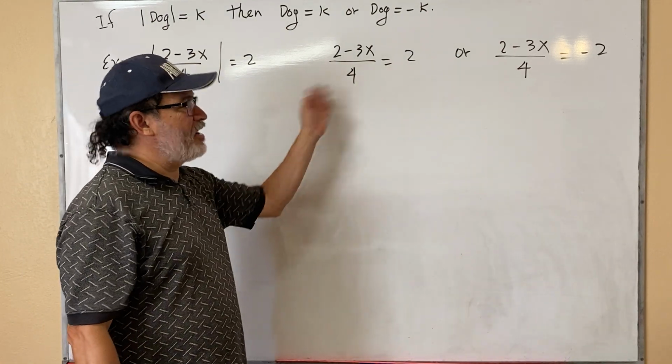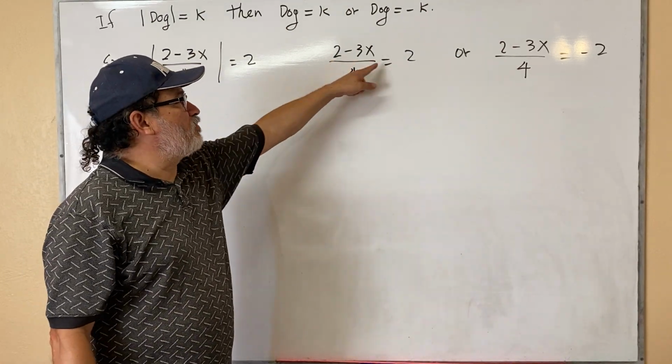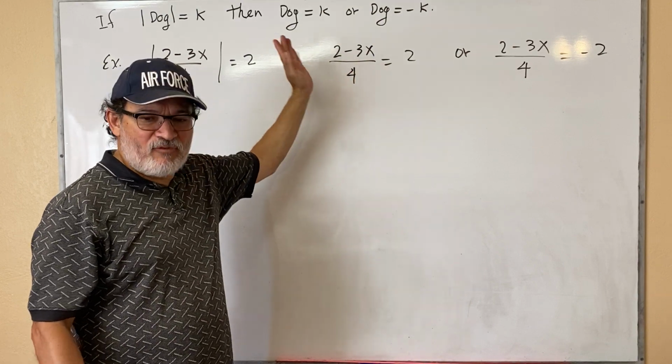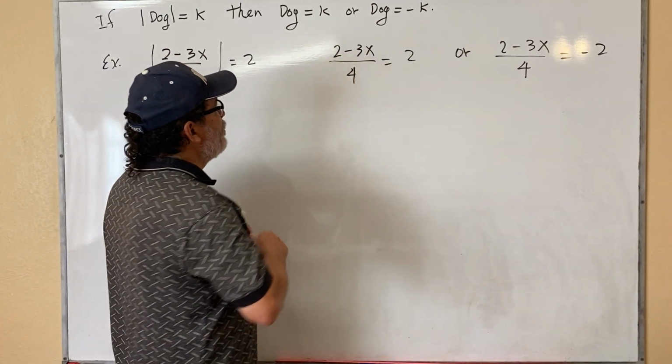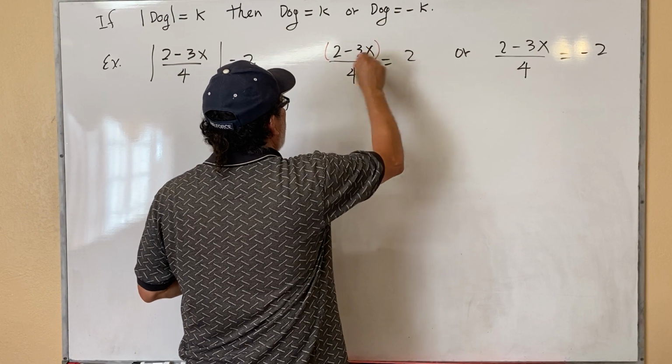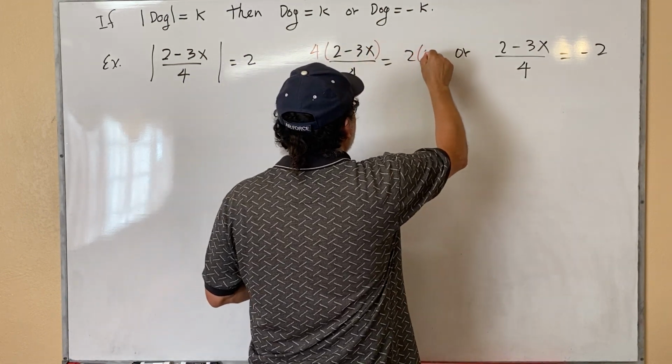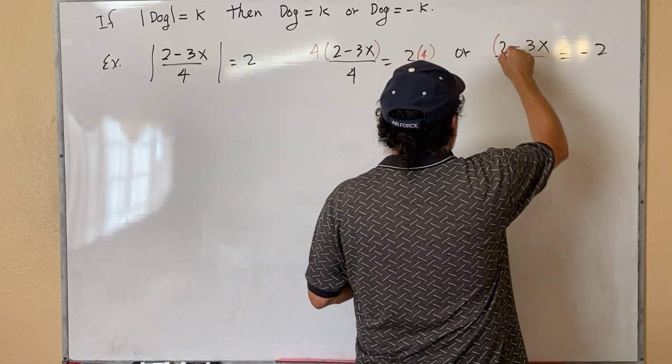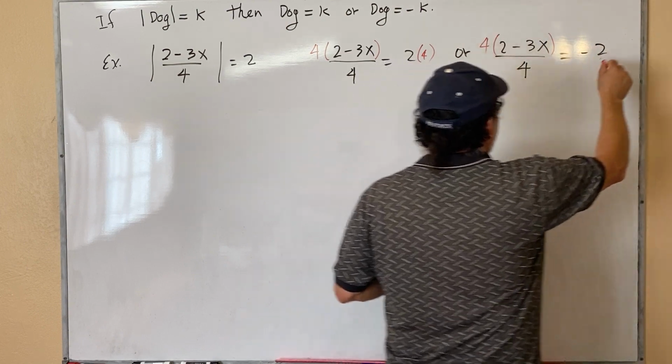Now, how do you solve? Well, multiply this equation by 4, both sides by 4. Multiply this by 4, and this by 4.